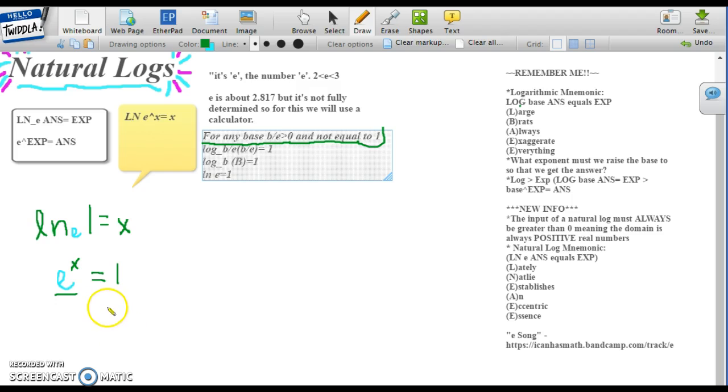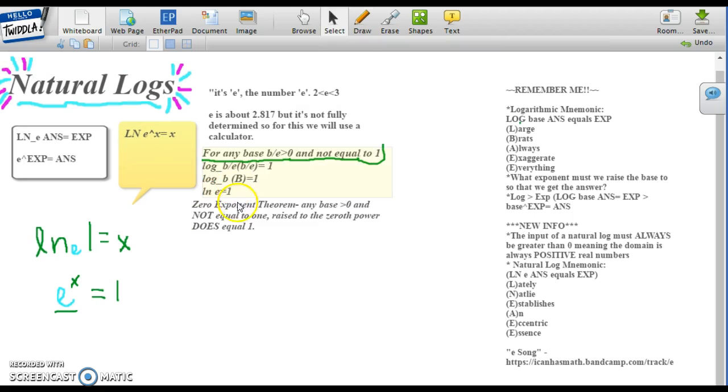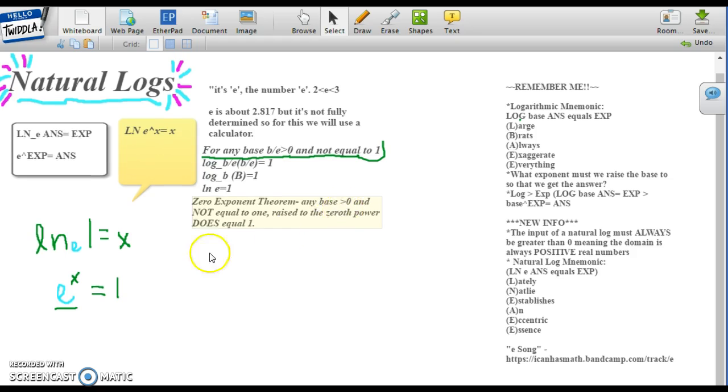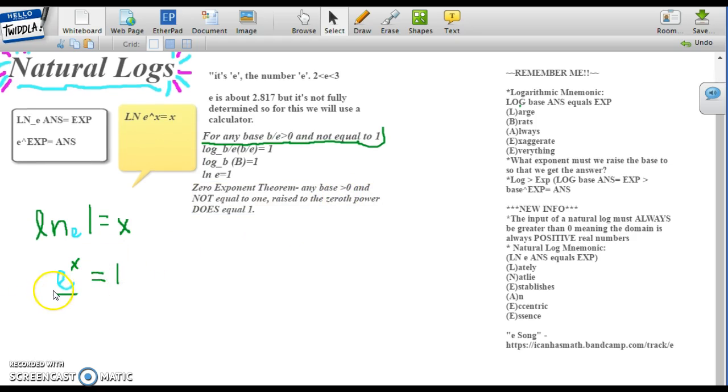So that means this must apply to e. And then I also think about the zero exponent theorem, which also has this starter piece. The zero exponent theorem is basically saying any base that's greater than 0 and not equal to 1, both of which apply to e, raised to the 0th power does equal 1.